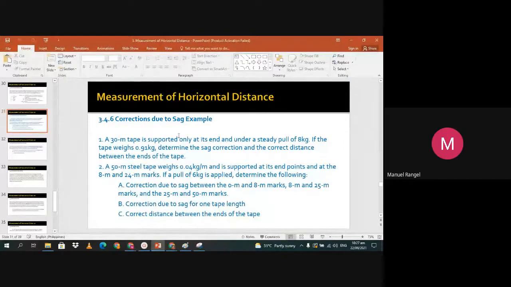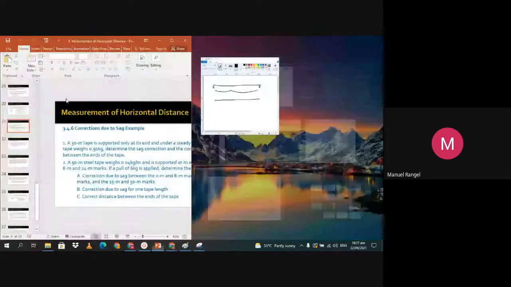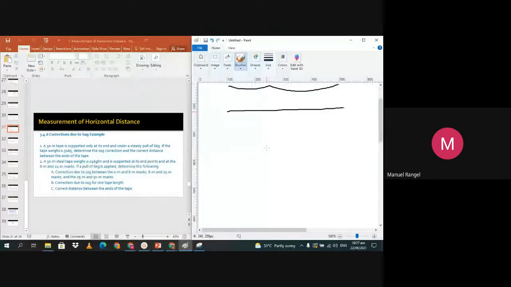So the 30-meter tape is supported only at its ends, from end to end.